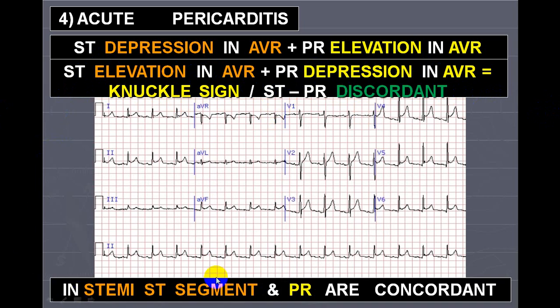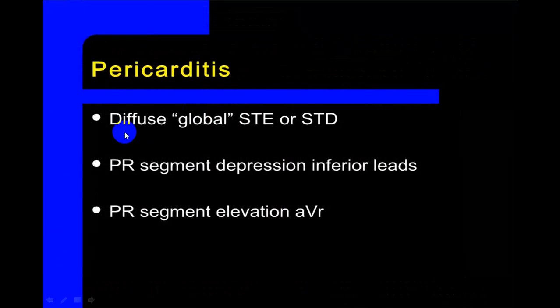So in STEMI, ST segment and PR are concordant. So if you get this, it is in favor of STEMI. So you can utilize. If you get a diffuse global ST segment elevation or ST depression, PR segment depression in inferior leads, that is L2, L3, aVF, and PR segment elevation in aVR, it is in favor of acute pericarditis.